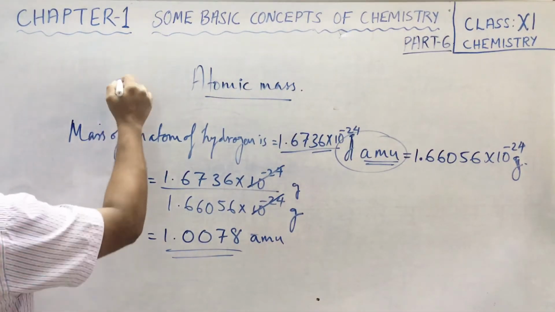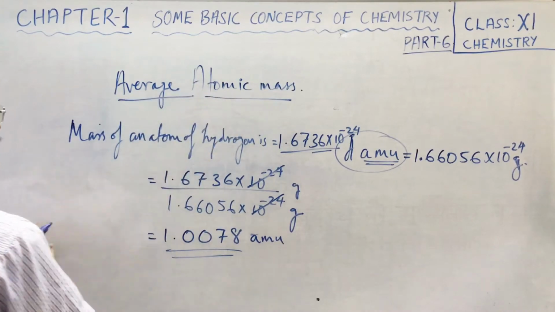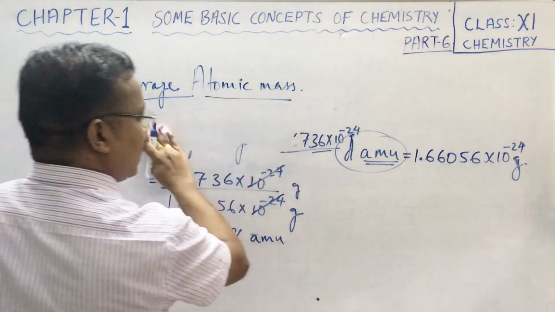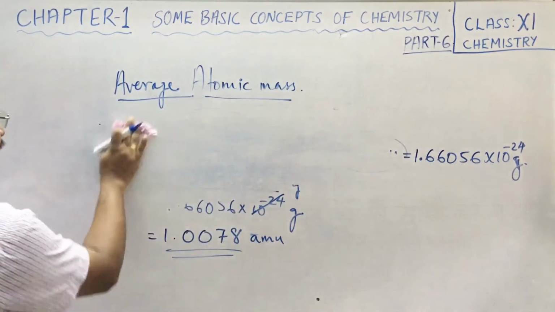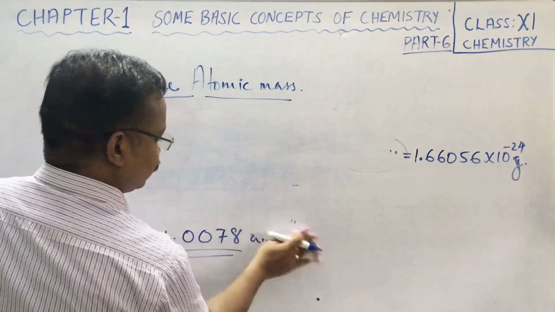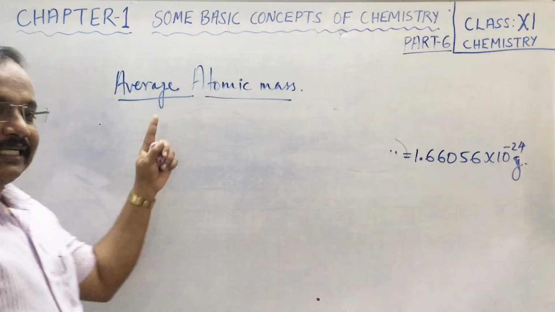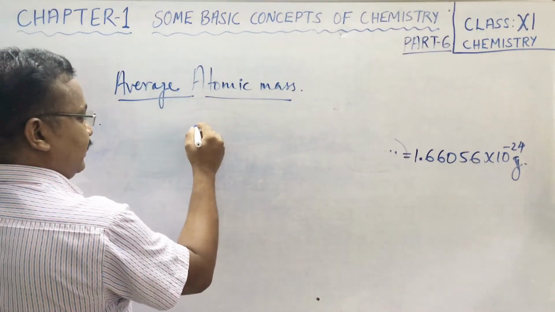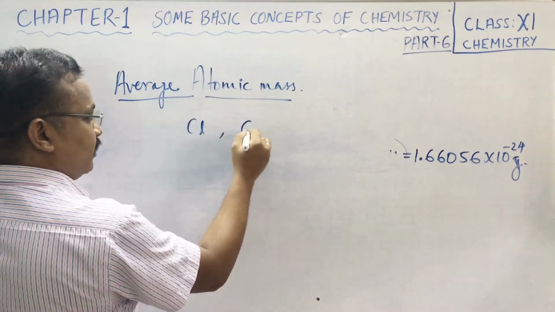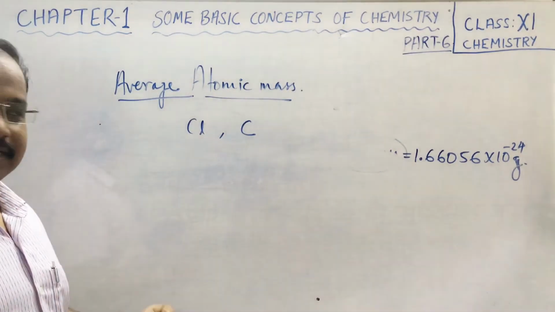Now let's move on to the average atomic mass. What does average atomic mass mean? Children, in the case of isotopes, you have studied that some elements like chlorine and carbon have different forms.